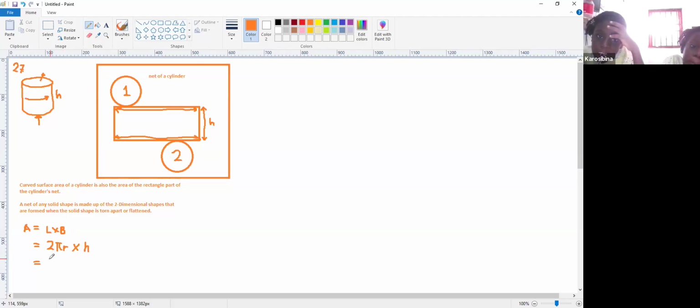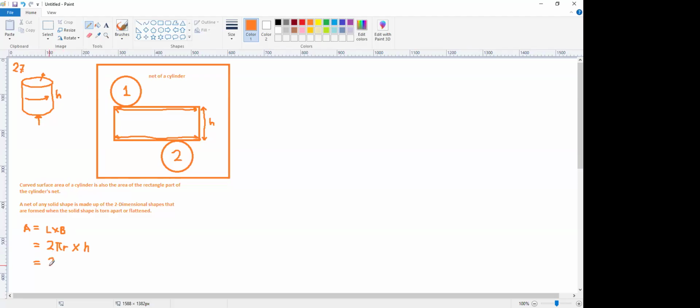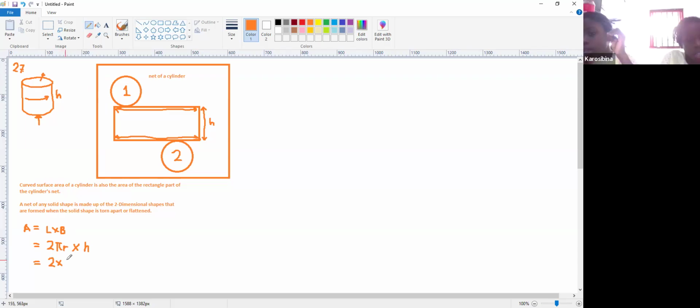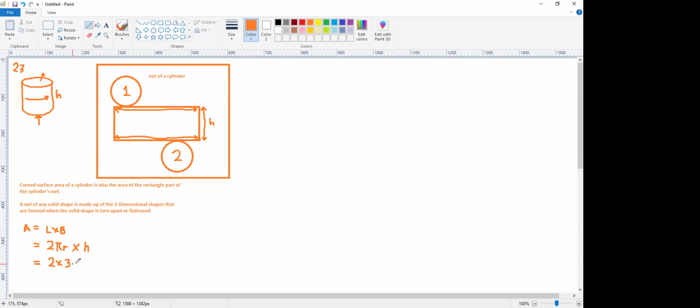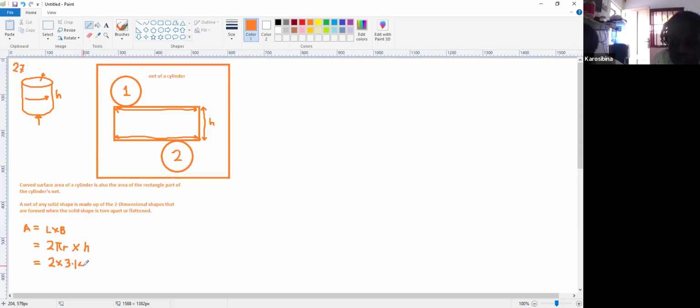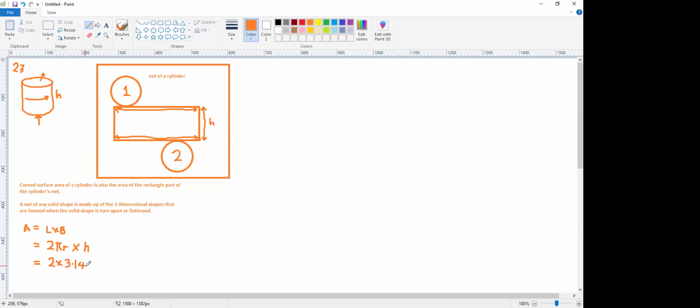So let's go ahead and look for what is our pi. They told us pi is 3.14, isn't it? Who can tell me what was the radius from the question? Can you remind us? Two.